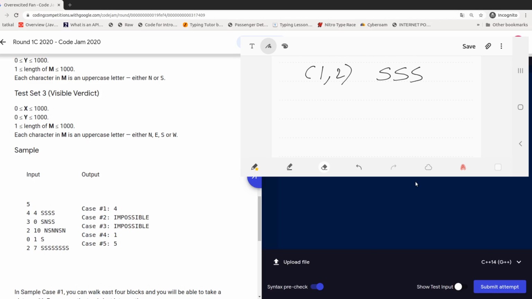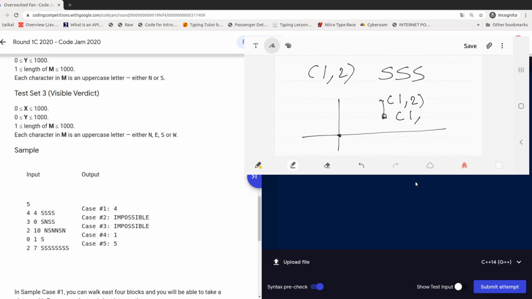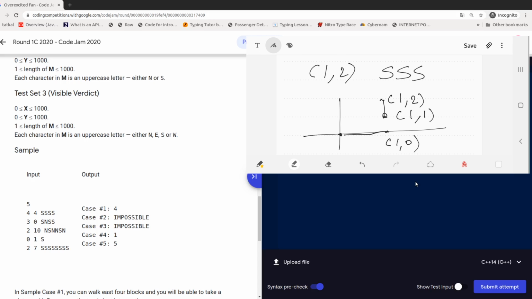Let's understand this through an example. Suppose the person is standing at 1, 2 and the directions are south, south and south. You are standing at 0, 0 and the person is standing at 1, 2. At time t1 the person goes to 1, 1 and you go to 1, 0, but then you choose to wait and the person again moves one step, and now you both meet.